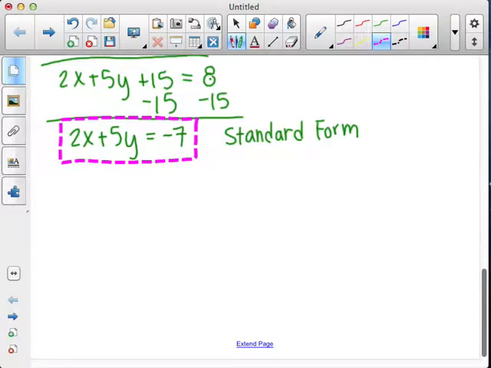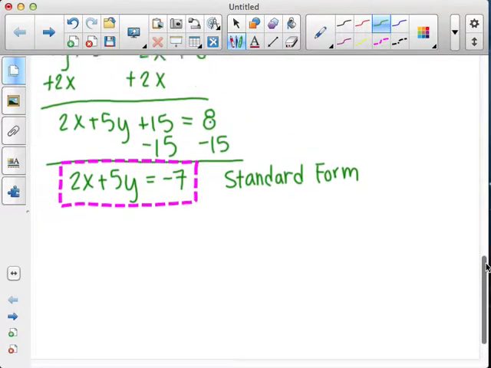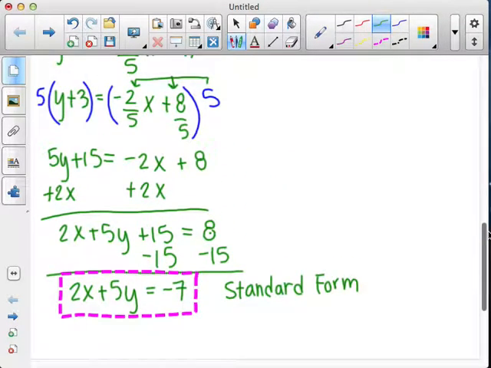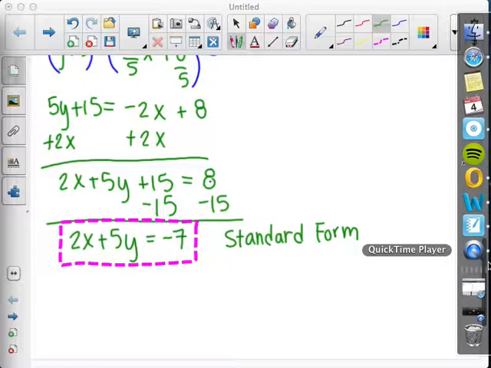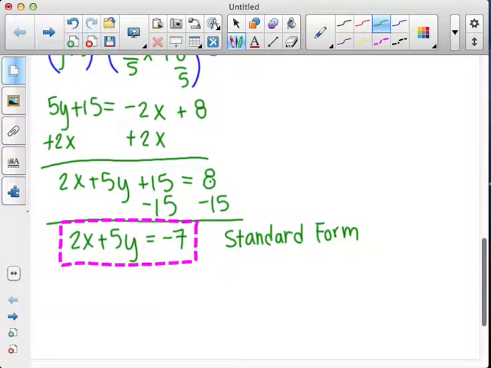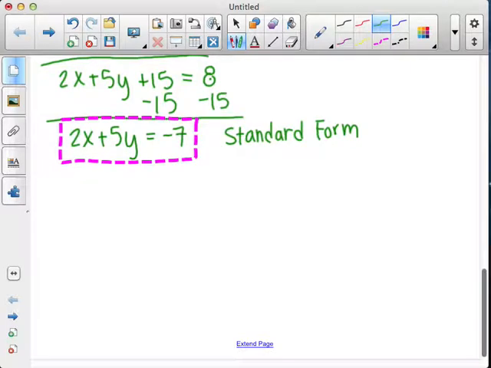And my last form is slope-intercept form, y equals mx plus b. So I'm going to take my standard form, and all I'm going to do is isolate my y value. So I have 2x plus 5y equals negative 7. And keep in mind that anywhere along the way, if you just isolate y, you have it in slope-intercept form.